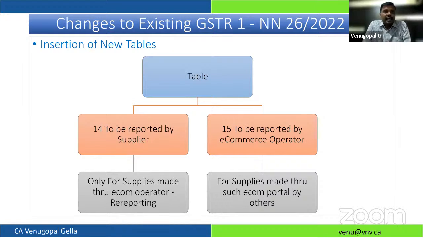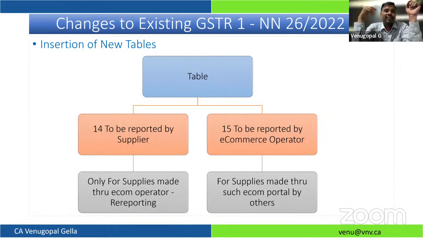Broadly, table 14 is, out of all the sales which I have disclosed earlier, if any of the sales have been through the e-commerce operator, my responsibility is to report here in table 14.